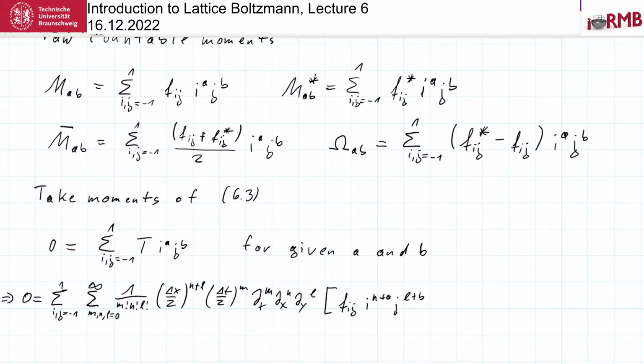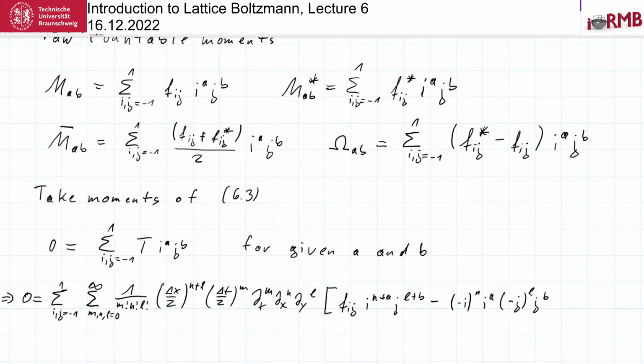Okay, and now comes the post-collision state, which is a little bit more complicated because here we have minus i by the power of n, and this we multiply by i by the power of a, right? So I have to write this again here. So it's i by the power of a, and this into minus j by the power of l times j by the power of b.